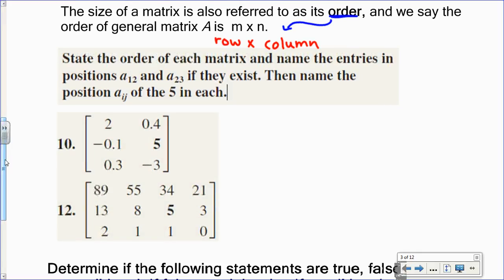Okay, so for 10 and 12, we're going to first state the order of each matrix. That means state the size. And then name the entries in positions A12 and A23 if they exist. And then we'll name the position of the entry 5.